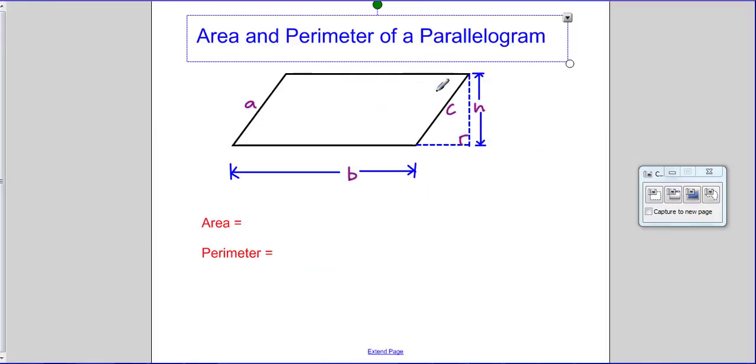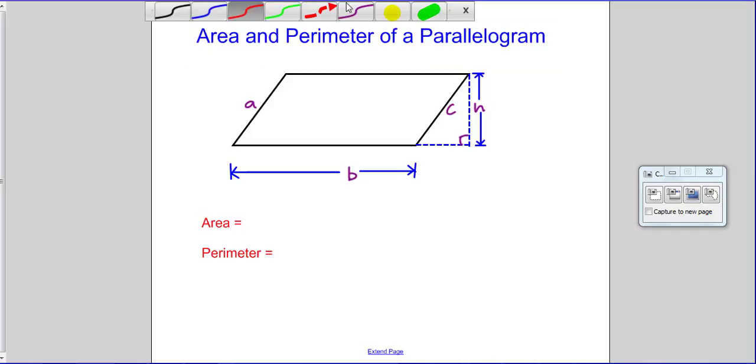So now, more generally, here's a parallelogram. I have a base B, a height H, and there's your altitude, which is H, and I have the two sides here, which are both going to be congruent or equal because they're parallel, and these are also going to be equal in length. So the area is just B times H, or BH, and the perimeter is the distance around.